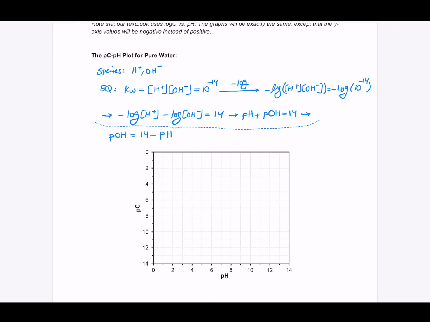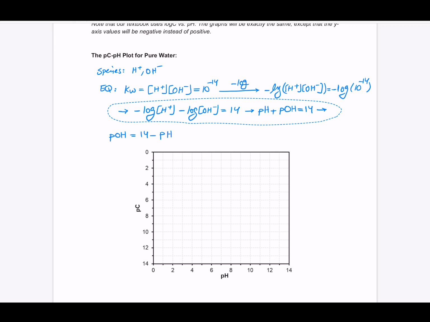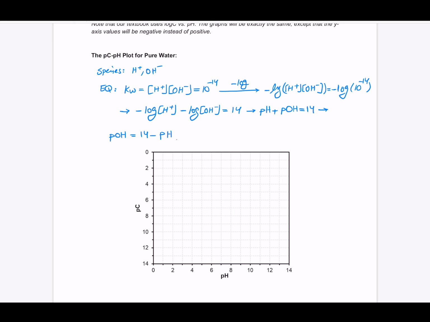So if we look at this graph, pOH, just imagine OH is our C, because we mentioned this C is basically for all the species. Now we want to derive one line for OH. Every species has a line here. So the line for H should be linear. pH versus pH would be just a linear line. And keep in mind, this is reversed.